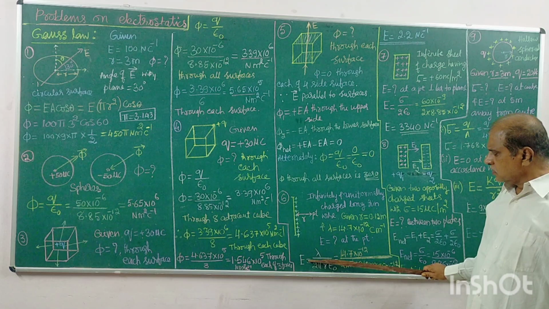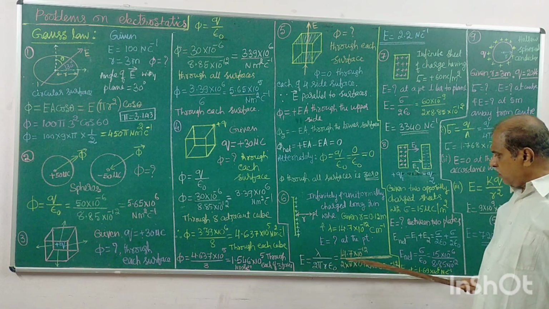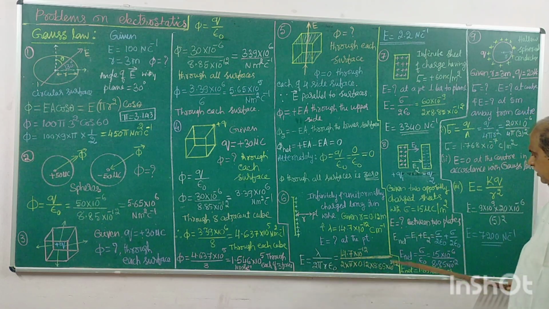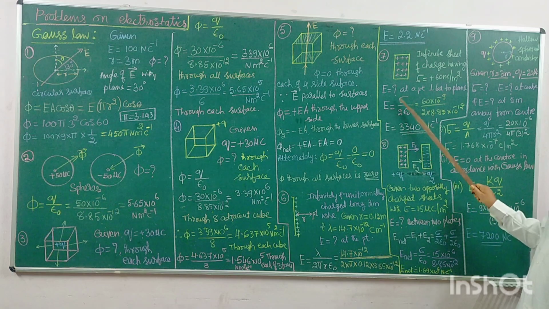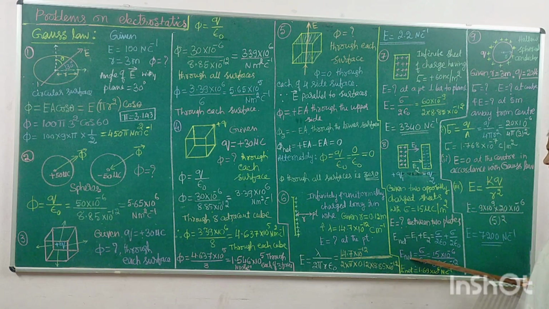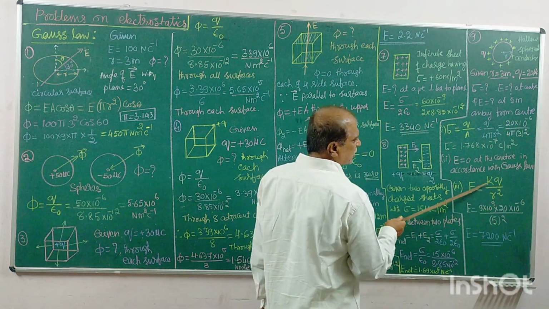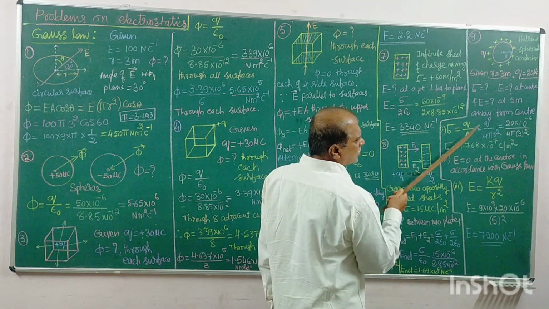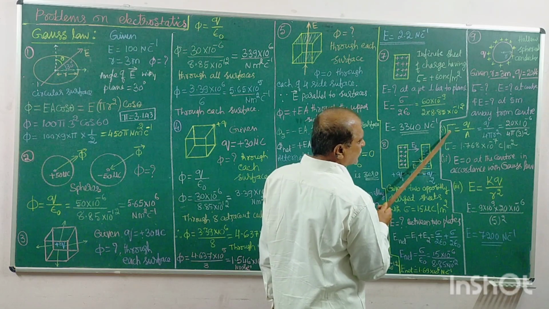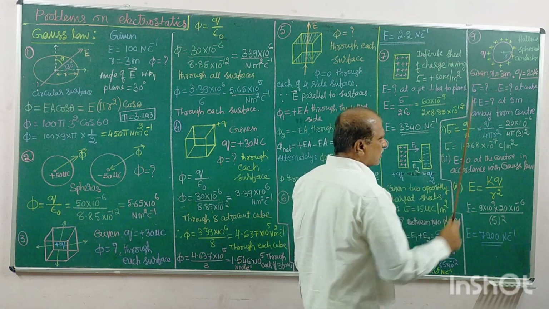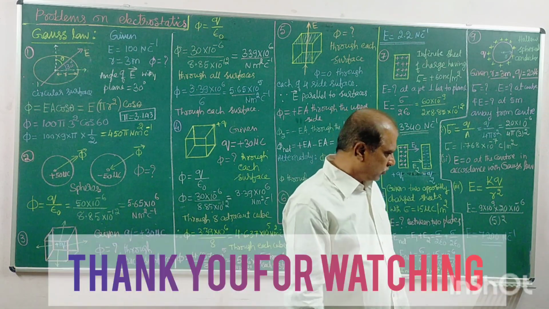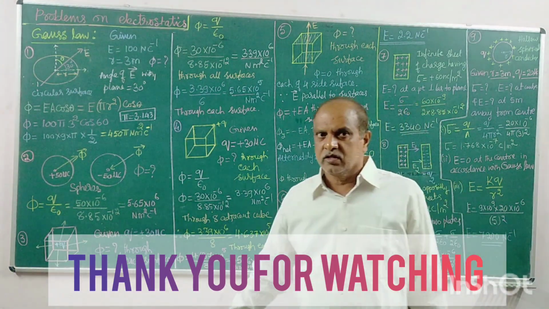The derivations we did and the problems we calculated for the surface. Problems of this type, and the derivation we did for three dimensions, that is volume charge density. It's good, but volume charge density is not asked here, surface charge density. That also can be asked. With this, we have completed this set of problems.